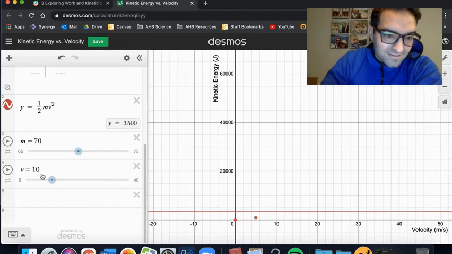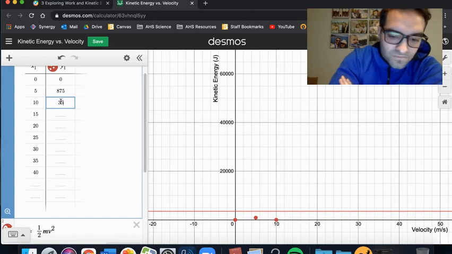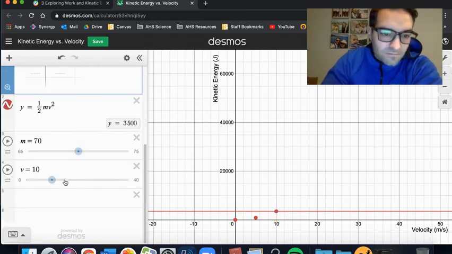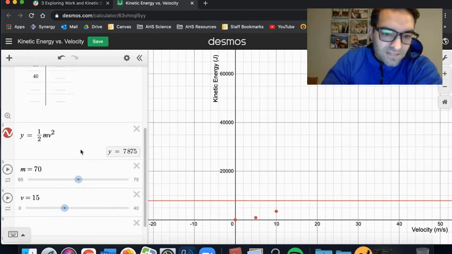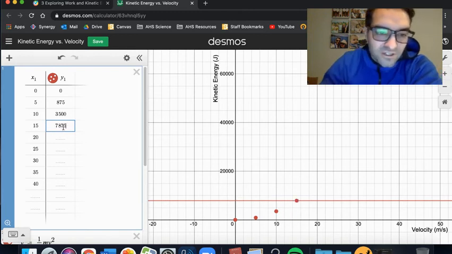And it's 10. So the velocity is now 10 meters per second, still keeping my mass the same, and the kinetic energy is 3,500. So you can go through and fill in this chart. At 15 meters per second, it's 7,875, and again, those are going to be joules.